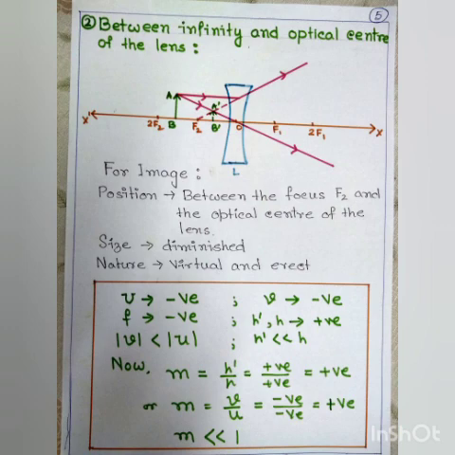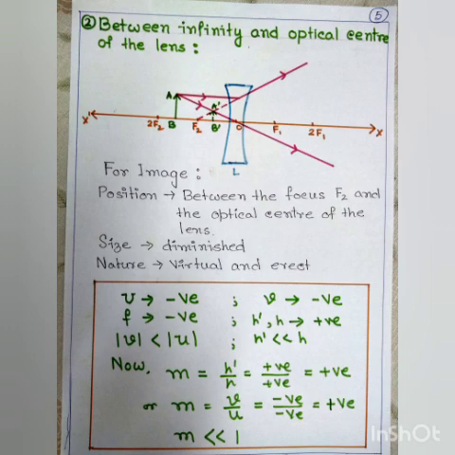And if we consider the magnitude of the image distance, that is also less than the magnitude of the object distance. Now therefore magnification h prime by h will be positive, and also if you consider magnification equals v by u, that is also positive, but the magnification is very less than 1.